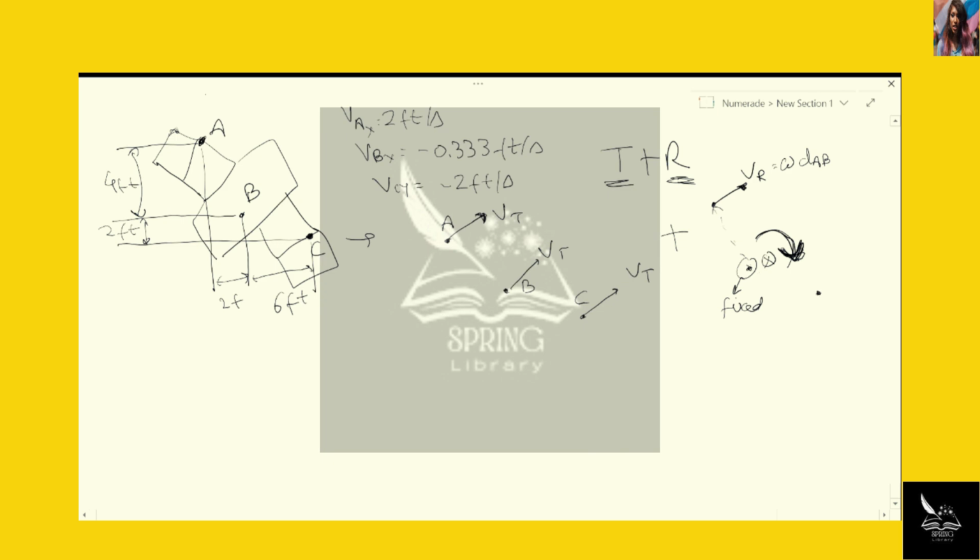And then at point C, this is A, this is B, this is C. At C, if the object is moving like this, the velocity is going to point perpendicular again to this vector. Here the radial velocities are VRA and VRC, and VRC equals omega times DBC.